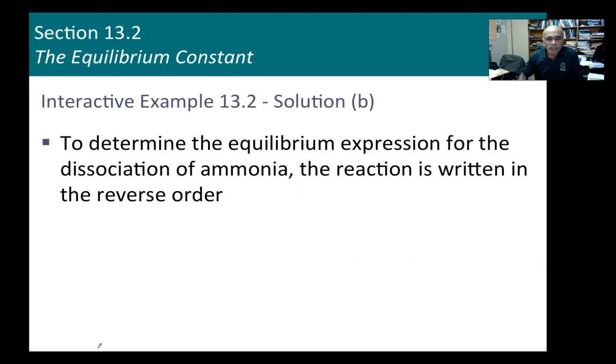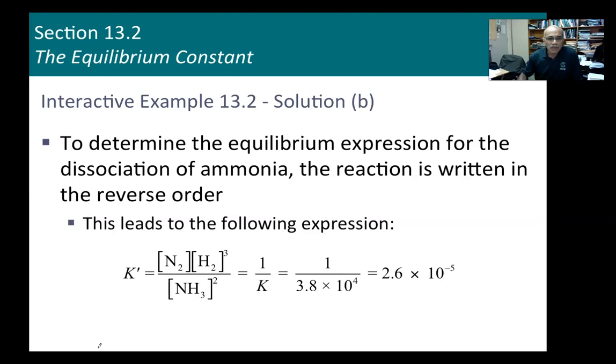Now, if we look at the reverse reaction, that's our next consideration. This leads to something different. So when you reverse the reaction, notice that the product is what the reactants were before.